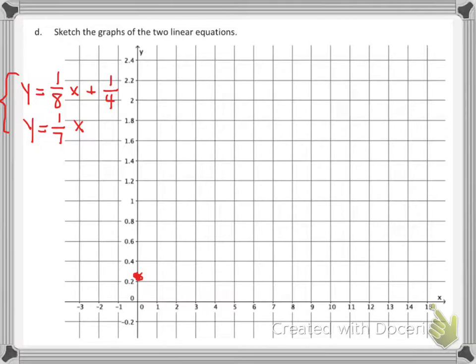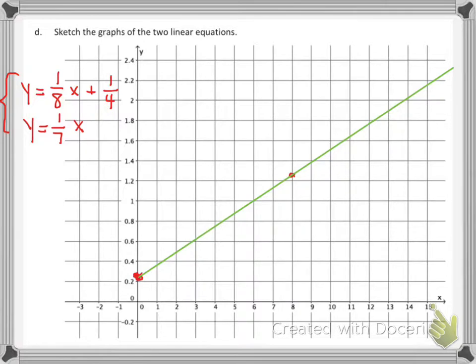And then our slope is up 1, so 1.25, and then right 8. So up to 1.25 and right 8 is going to be somewhere in there. And if we draw the line that goes through both of those points, that's going to be our line approximately.